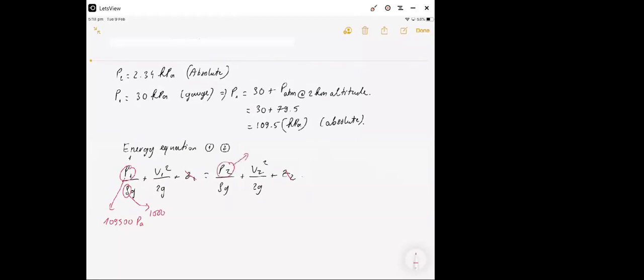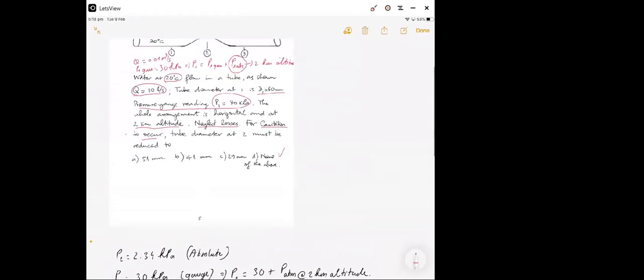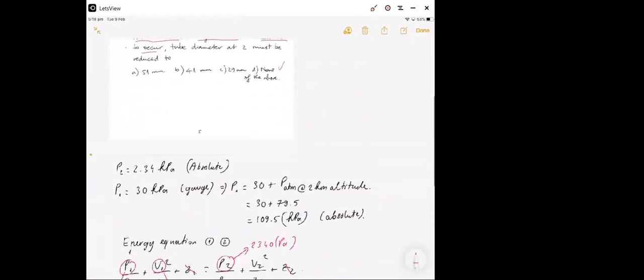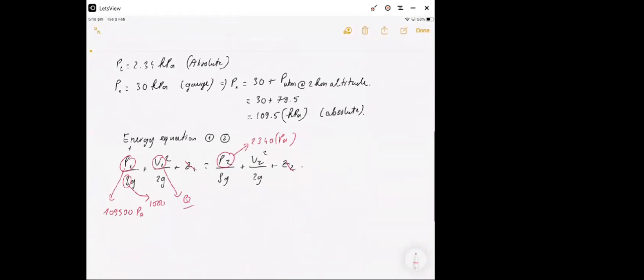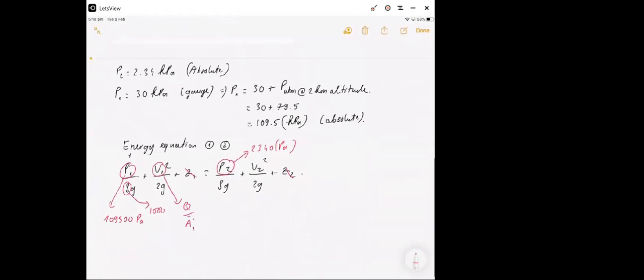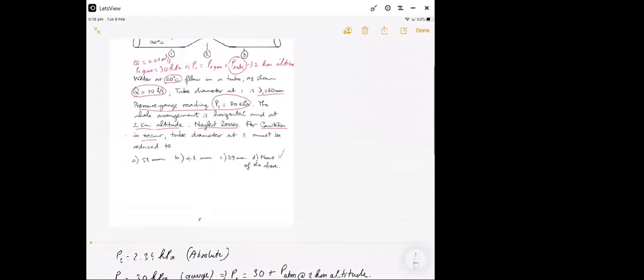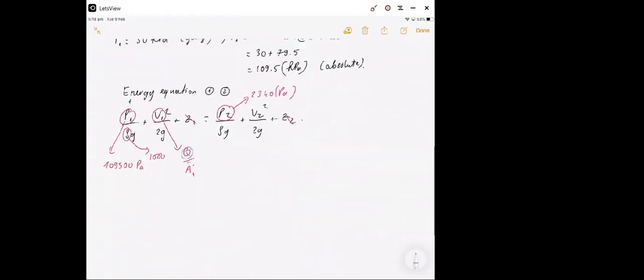P2 is 2340 Pascal. V1 we have is Q divided by A1, with Q being 0.01 meter cube per second.